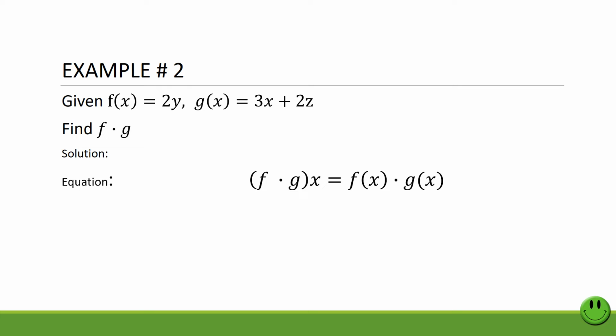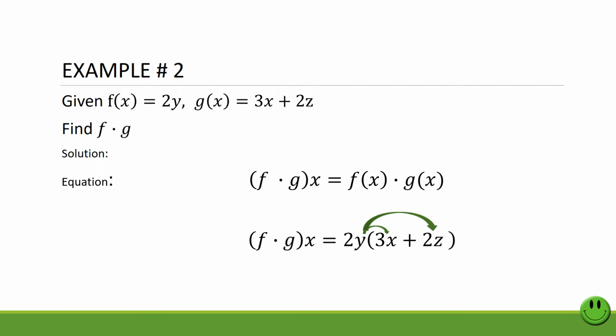And then let's substitute the values of the functions to the equation. So we have (f times g)(x) equals 2y times (3x plus 2z). To multiply this one, the same with example number 1, we will apply the distributive property, wherein we are going to distribute 2y to 3x and to 2z.